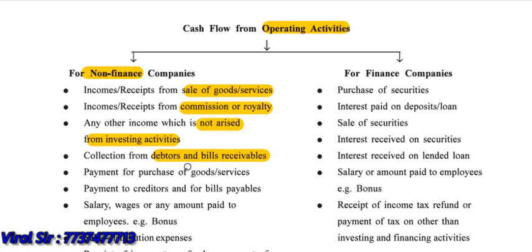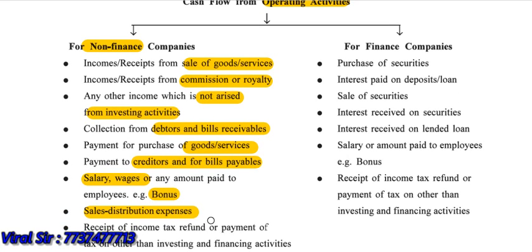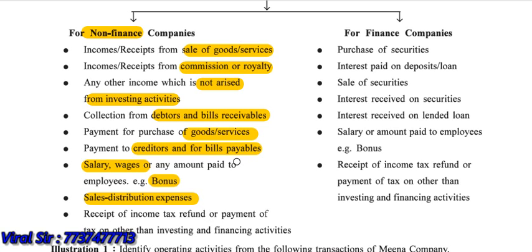Now outflows: payment for goods and services, payments to creditors and bills, salary and wages, bonus, sales expenses. All these are the operating activities of any non-finance company. And the last one is income tax related; it can be refund or payment. Clear? This is for the non-finance companies.